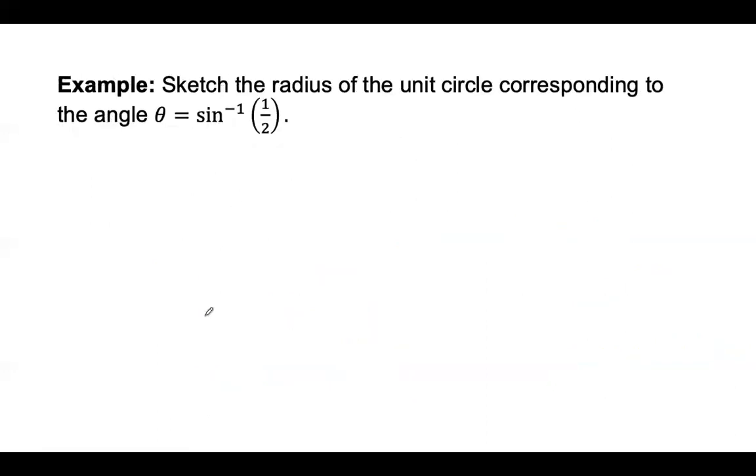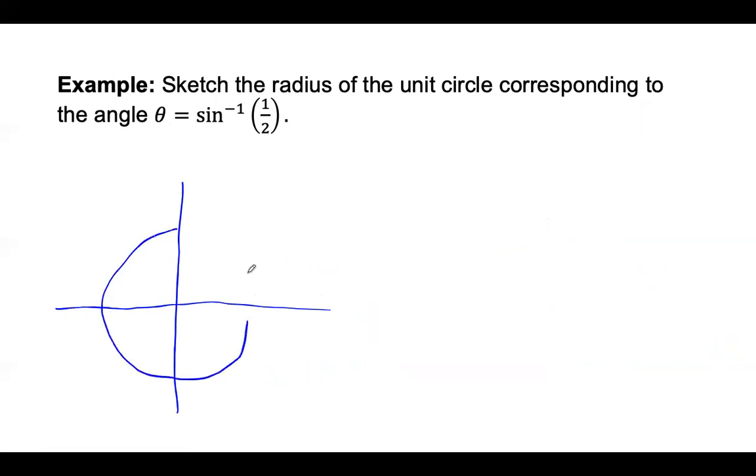Okay, so we're going to sketch the radius of the unit circle corresponding to theta equal to sine inverse of a half. Let me draw a circle. Imagine it's a perfect circle. It's not.